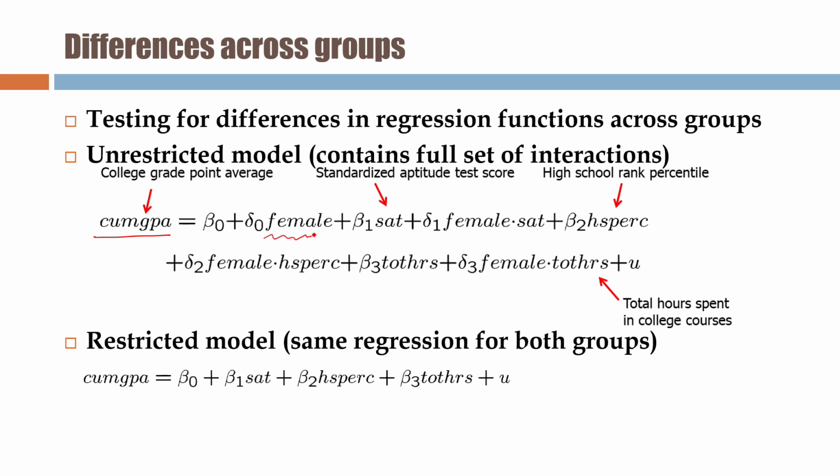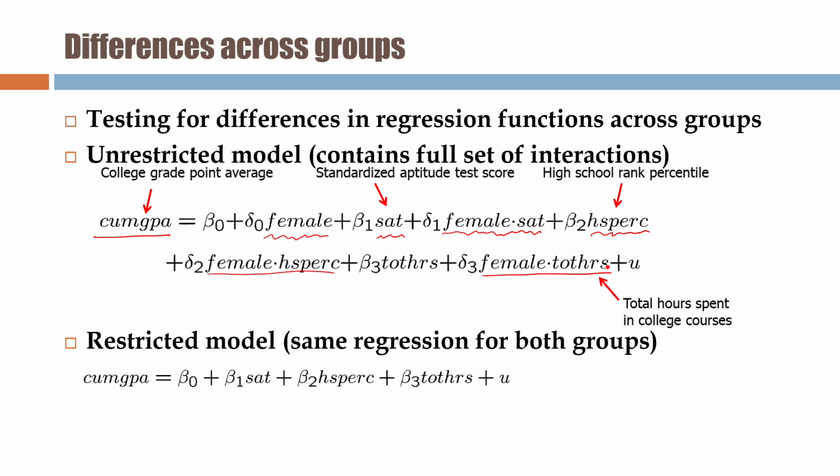So we want to see the gender difference, and then this is the SAT score, and then female and SAT score. So you can see whether the SAT effect will be different for female and male or the same. And this is high school rank percentile and so on, right? And we want to see the interaction together.